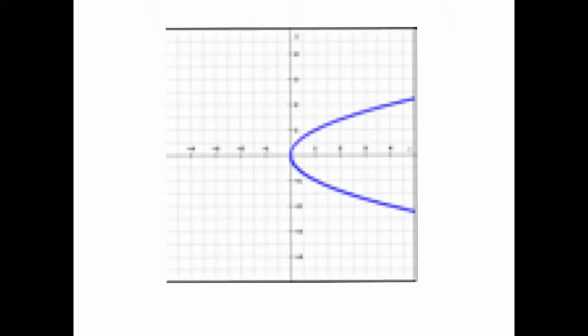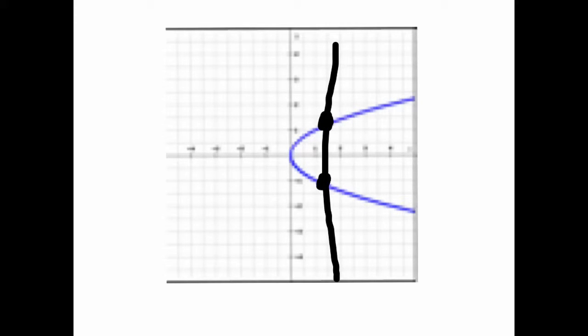Okay, guys, here's our second example. Go ahead and do a rough graph of this sideways parabola. The first thing I need to figure out is, is this a function? Well, the first thing I can do is go ahead and draw a vertical line through it. Does it hit it twice?